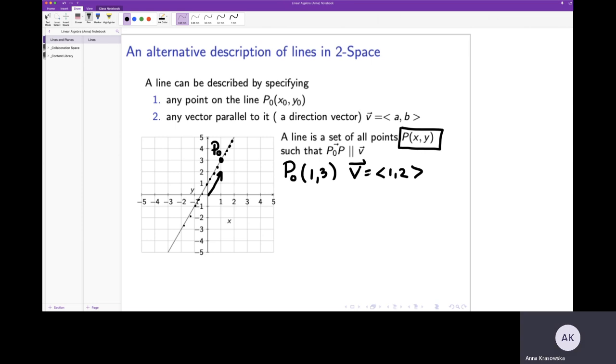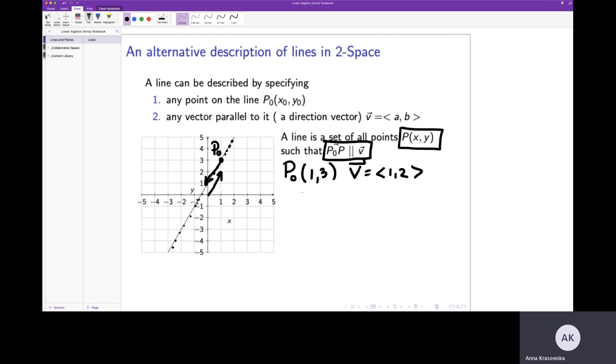Any point that you would choose along that line must satisfy the condition that if you make a vector P0 to P, it must be parallel to V. So P naught is a given point. For any point P on the line we choose, the vector P naught P must be parallel to V.